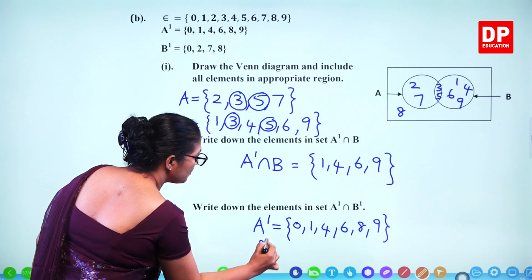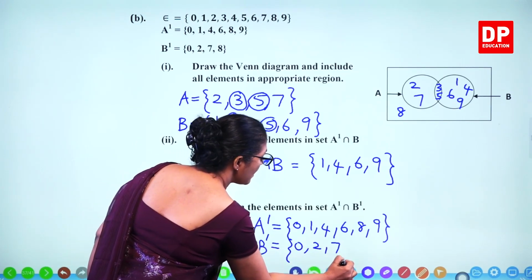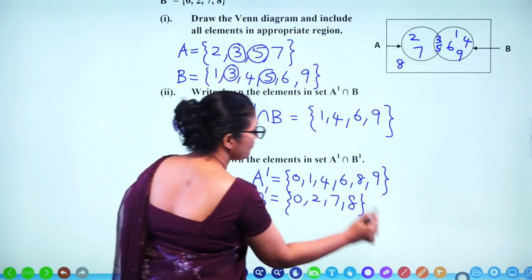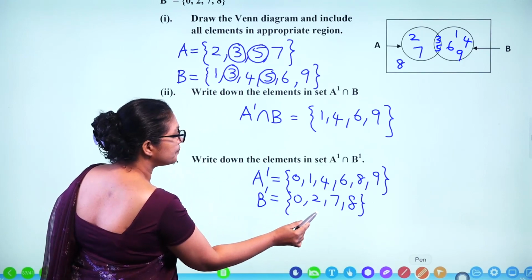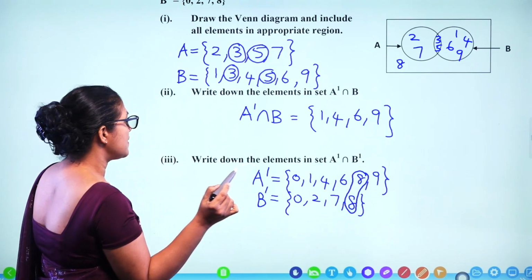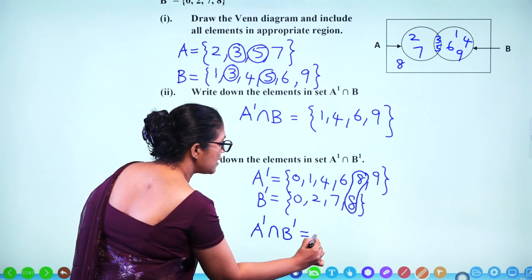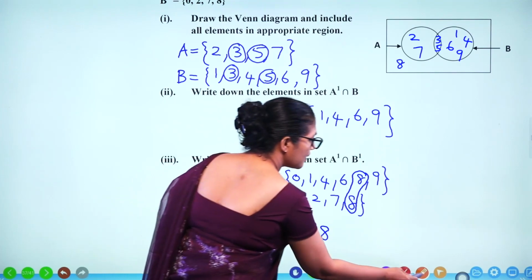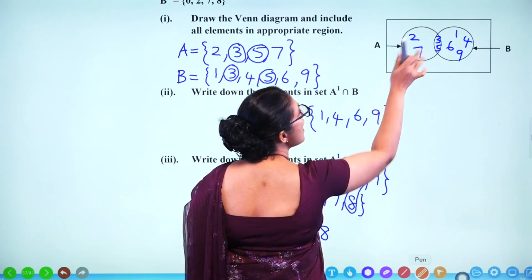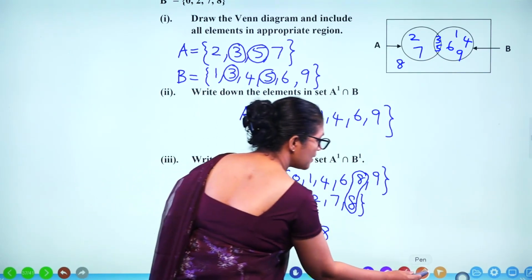What's B dash? 0, 2, 7, 8. Now common for both. We need common for both. 8. That's it. So A dash intersection B dash is 8. So that means outside the region. So here everything outside A union B is the same answer.